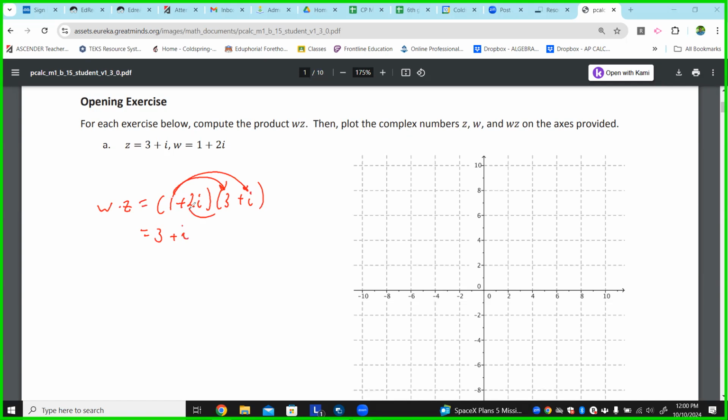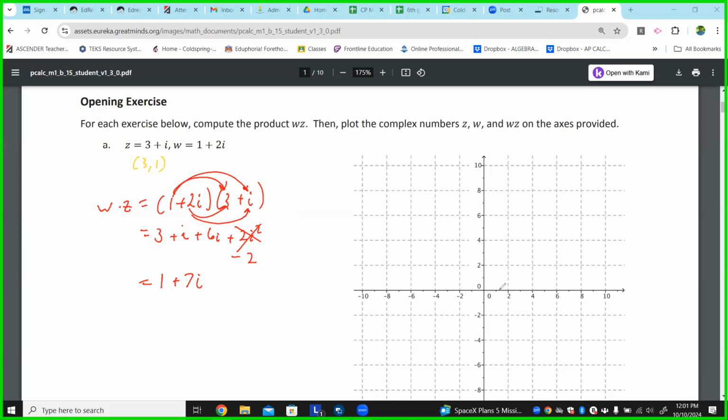I don't count off for that. 2i times 3, 6i. 2i times i, and what is 2i squared going to turn into? -2. This i squared becomes a negative, so this is a -2. So when I combine like terms, what's 3 minus 2? 1. And what's i plus 6i? Very good.